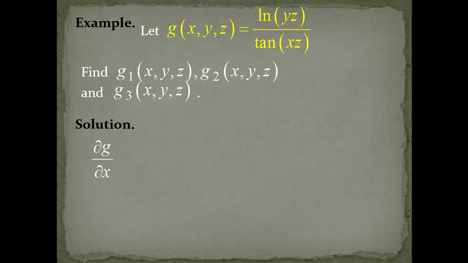Now, this is what we call the quotient rule. This is in the form of a quotient, so for this problem we have to use the quotient rule. What is the quotient rule, class?